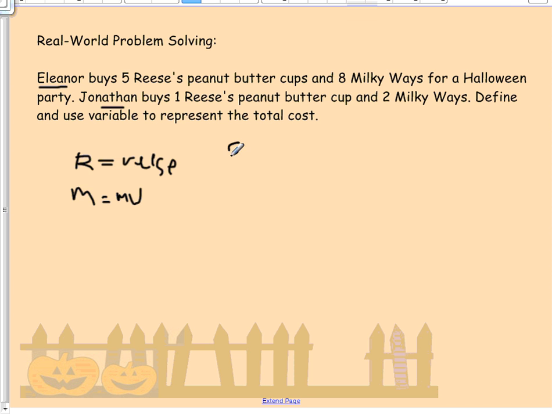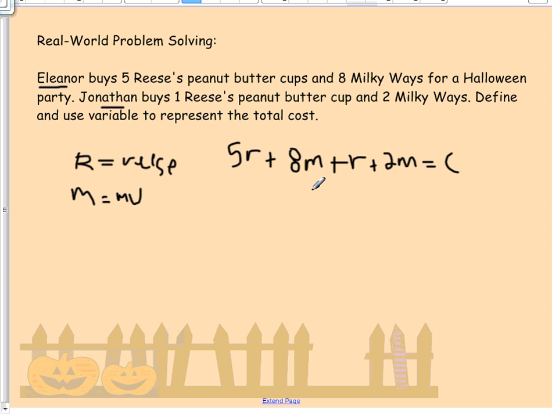I have 5 Reese's peanut butter cups, plus 8 Milky Ways for Eleanor, but for Jonathan I also have 1 Reese's peanut butter cup, and 2 Milky Ways, and that's going to equal my unknown total cost.